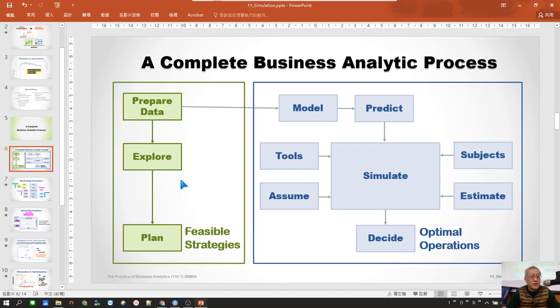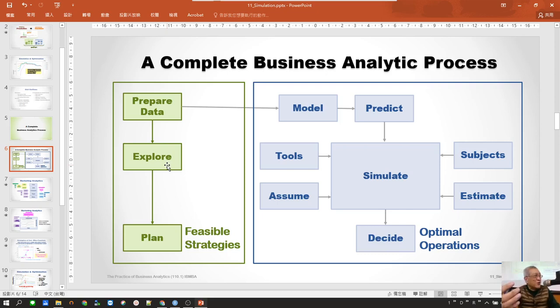In the first half of the course, we were doing data preparation. Of course, in the beginning, we spent some time to teach probability and programming. The reason we need to learn probability and programming is that we want to do data exploration, so we can see a holistic picture, the business situation of our company.